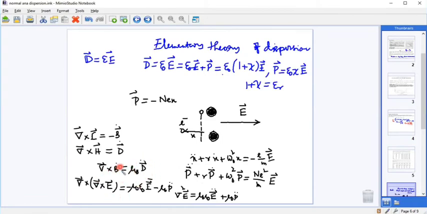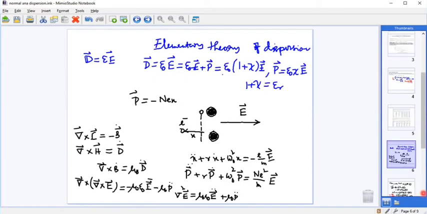If this is substituted in Maxwell's equation, then curl of curl E equals minus mu naught epsilon naught E double dot minus mu naught P double dot. So grad square E equals mu naught epsilon naught E double dot plus mu naught P double dot.